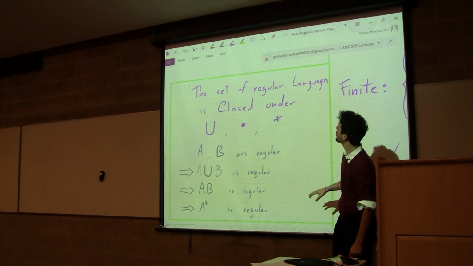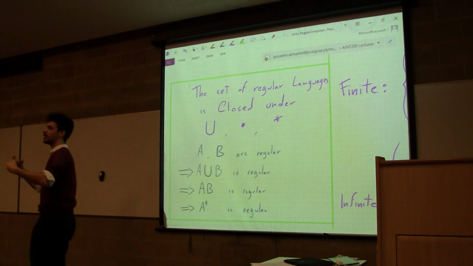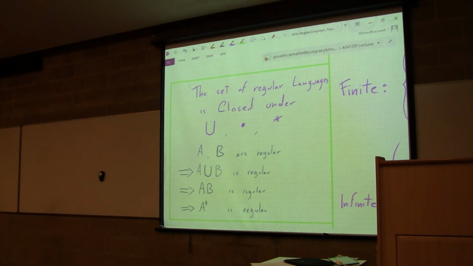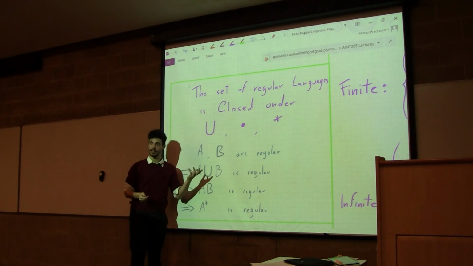So, you have regular languages. The regular languages are sets. You understand that? They're sets of strings. You can build a set of the regular languages. So all languages that are regular can belong to a set.